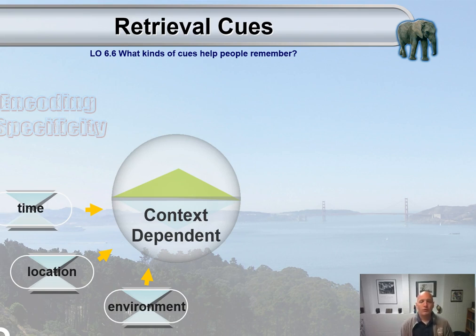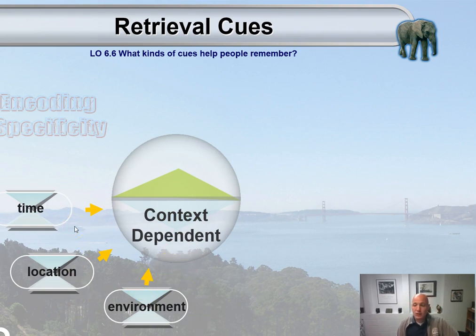So some of you, for instance, if you had occasion to go into your elementary school after not being there for 15 years, if you were to walk into that school, a rush of memories or feelings may come to light. And so these are what we would call context-dependent retrieval cues.